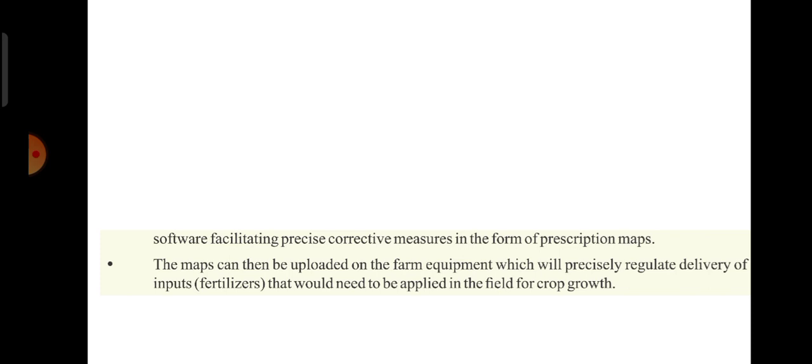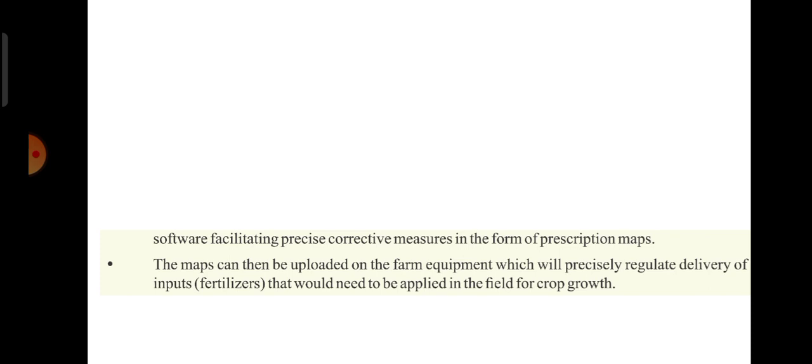There are procedures where they fix the cameras inside the soil, so the sensors which are mounted on the drones will capture those pictures and they'll go for analysis, but this may give spot-wise data and it may not be precise.